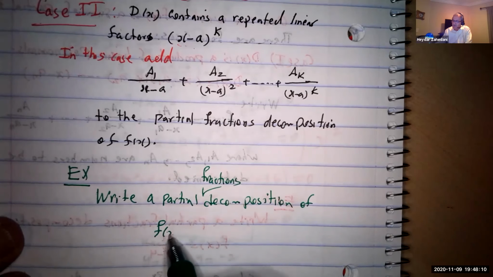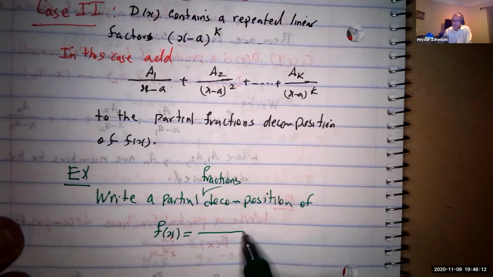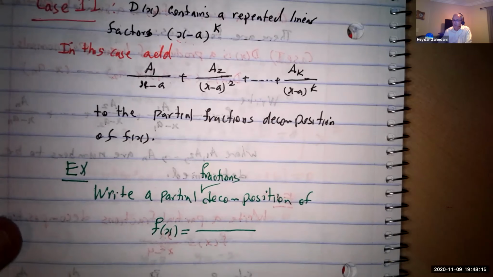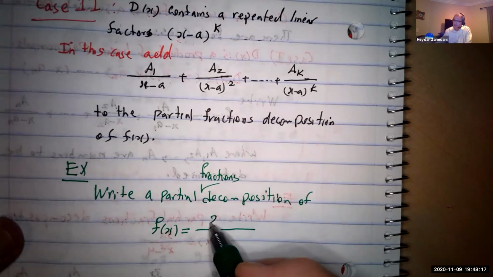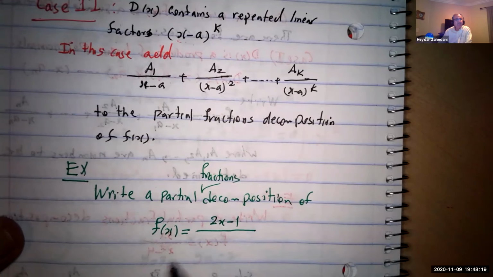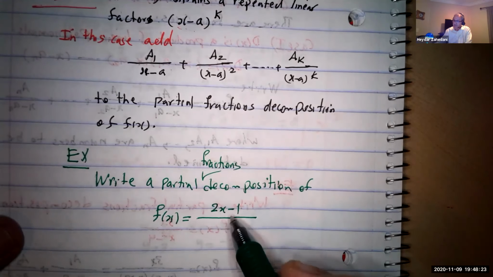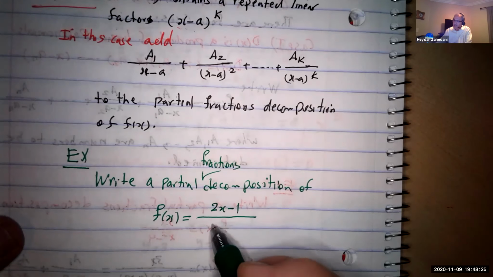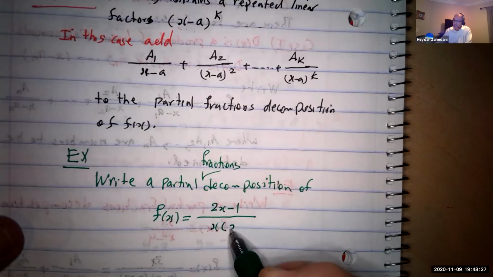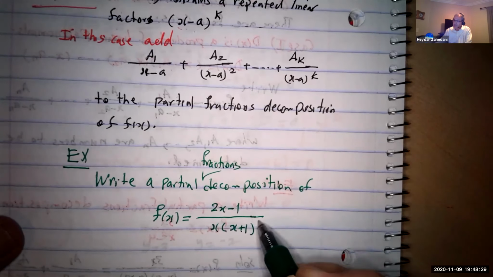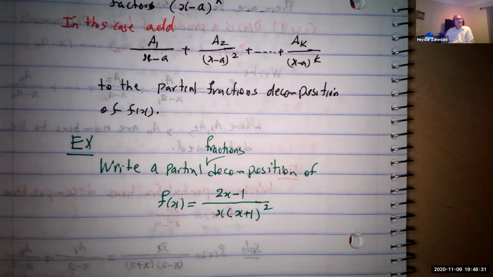We have f of x equal to 2x minus 1 on the top, and on the bottom x times x plus 1, all squared.